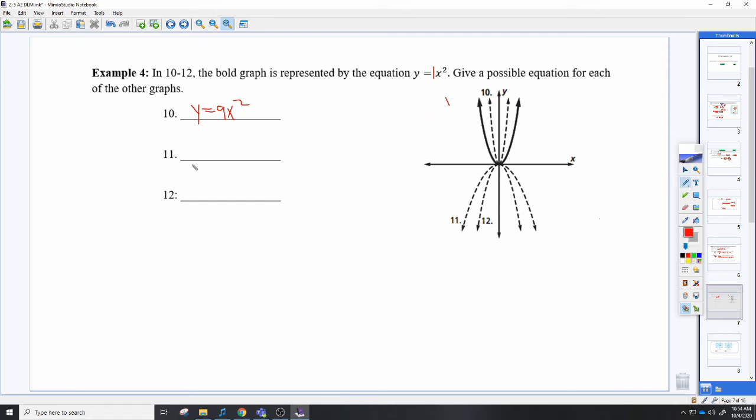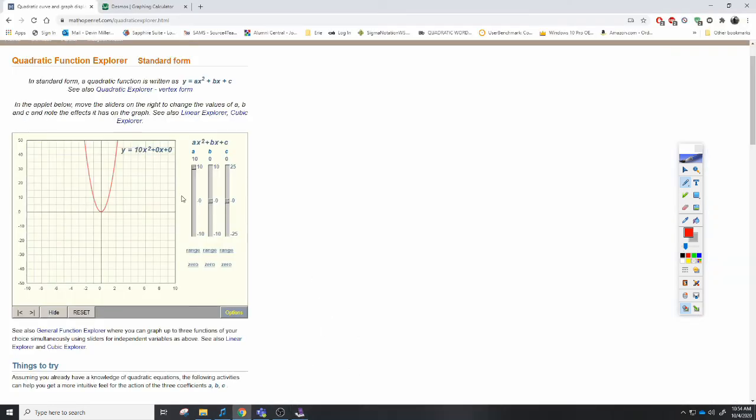All right, let's go down to 11. So 11 looks like it's wider than the original. It's just on the opposite end. So for it to be wider, it has to be a small number, like a decimal, and it's got to be negative because it's facing down. So if the original one was 1x squared, then we want that to be wider, but on the negative side.